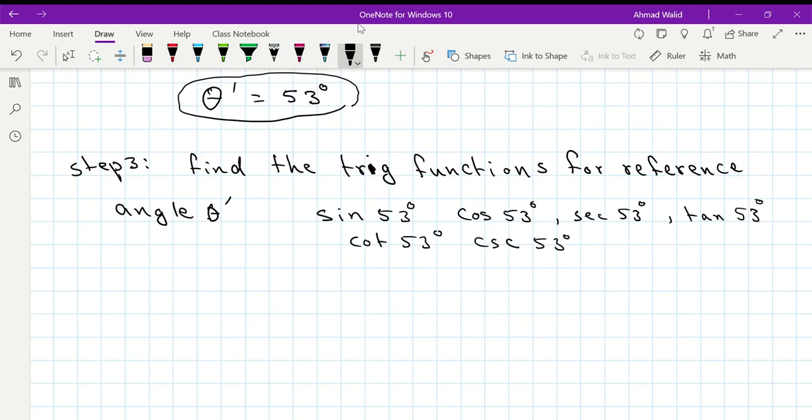Why am I not doing it here for you? Because 53 degree is not an exact value. That's why I'm avoiding it. Usually we use this method for the angles that we already know, like 30, 60, 45, those types of angles whose 6 trig functions we already know, not an angle like this.